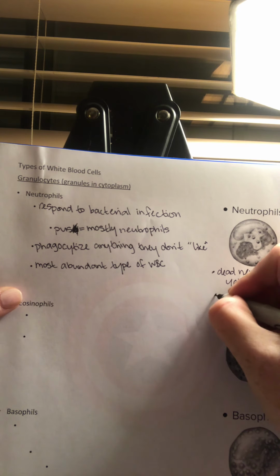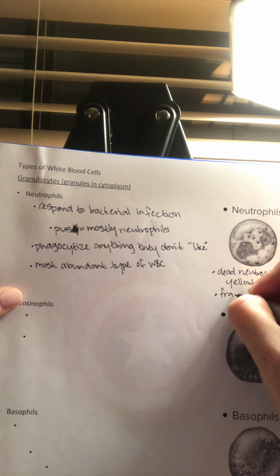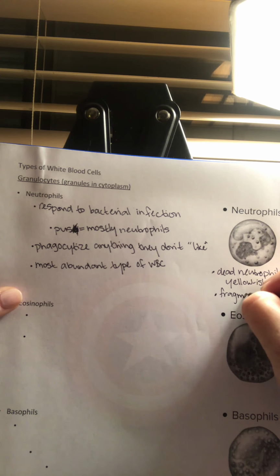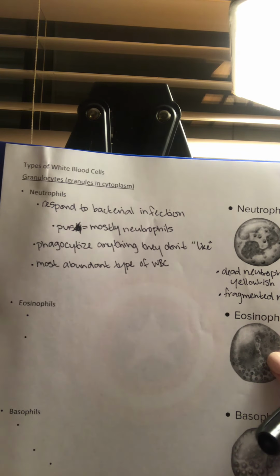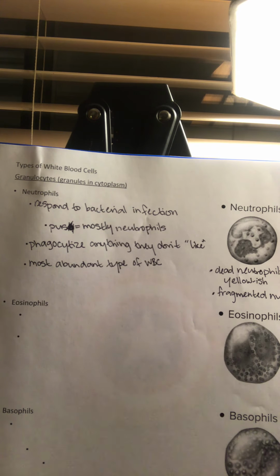Okay, there it is. So, fragmented nucleus. Instead of it being like the nucleus that we see in the classic animal cell, neutrophils have a fragmented nucleus, which is why you can see the staining pattern of the nucleus here.